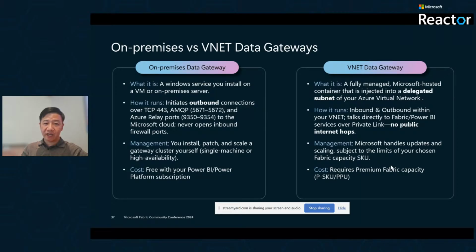VNet gateway actually consumes your Fabric capacity. So that's the major difference between the two gateways. I think now you may have some opinion on how to choose which one in your environment. Okay, next slide.